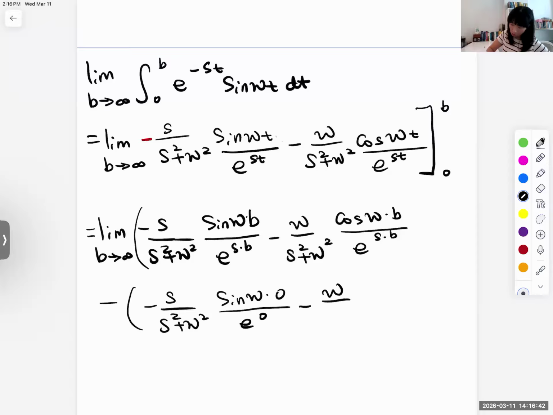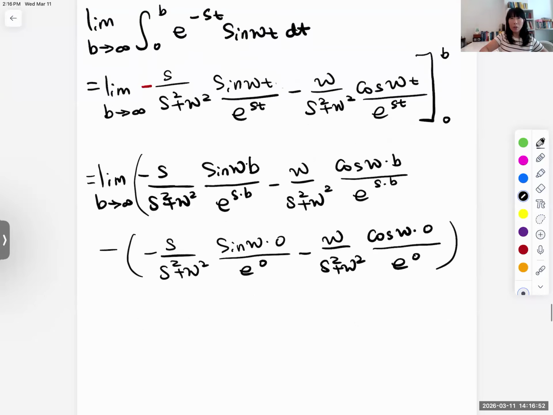Minus omega over s squared plus omega squared cosine omega times 0 over e to the 0 power, right? Okay, let's calculate.